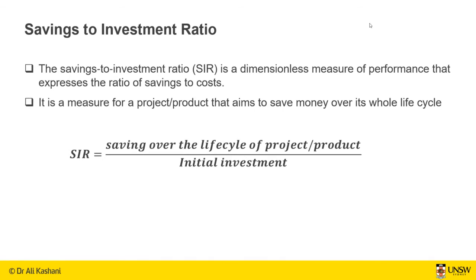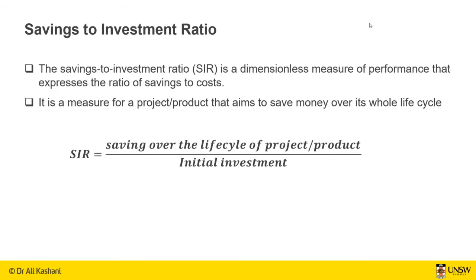Let's say that you want to put some solar panels on top of your house, and they will cost you, let's say, $20,000. The lifespan of the panels is, let's say, going to be 20 years.